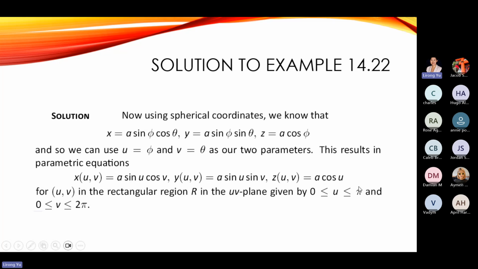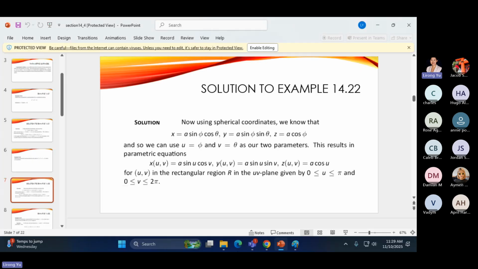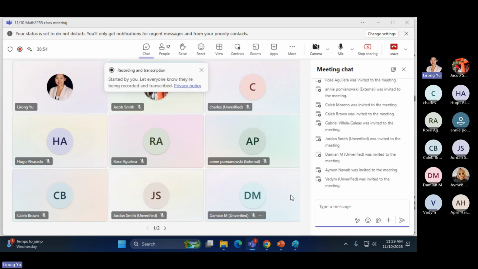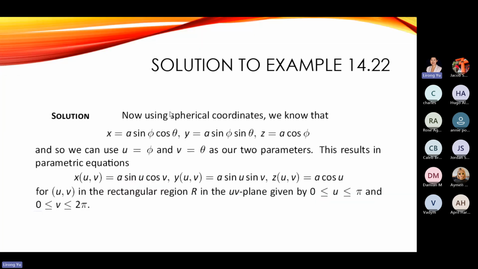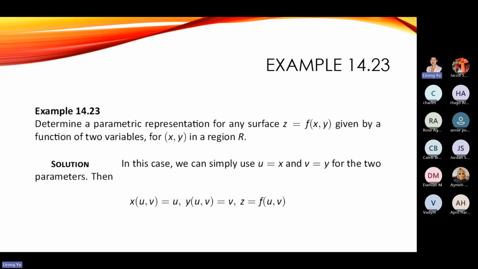We replace phi by u, replace theta by v, so that it will be consistently using the same notation for the input structure. You would probably get the same idea if you read the text, but I just try to go through the idea and illustrate how it can be related to what we did in spherical coordinates.